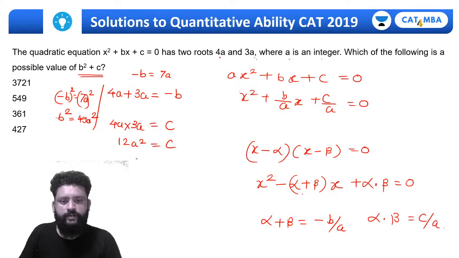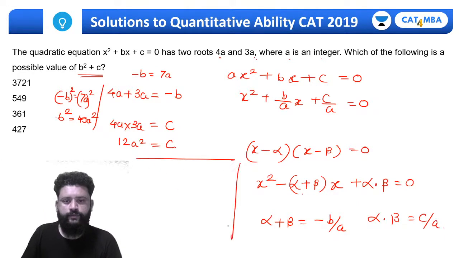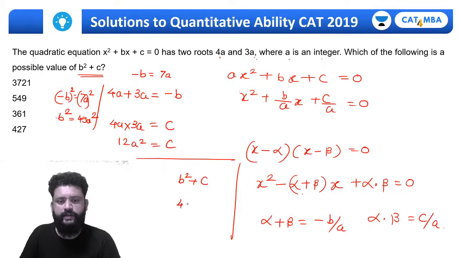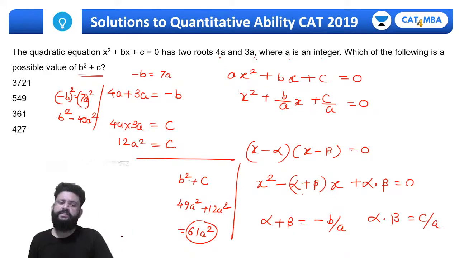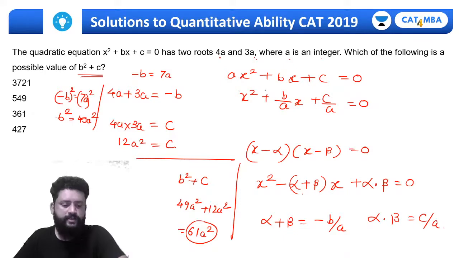So I am getting the value of b square plus c as 49a square plus 12a square, which is nothing but 61 into a square. So there must be a multiple of 61 present here in the answer option.